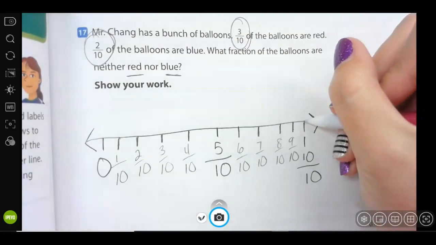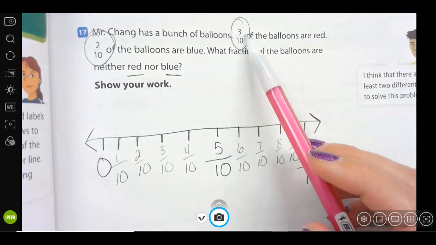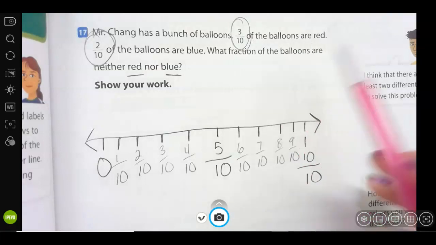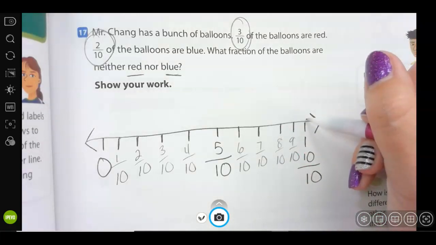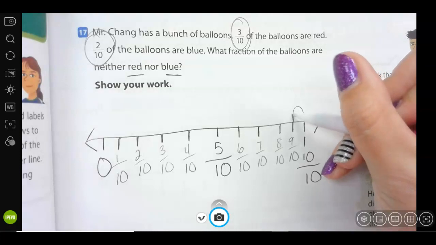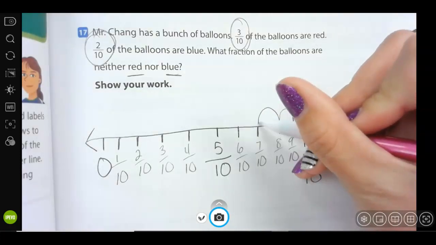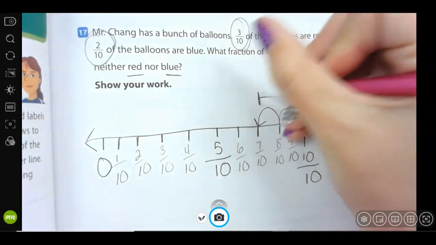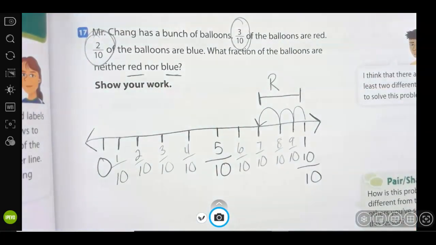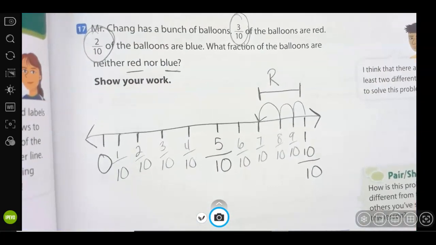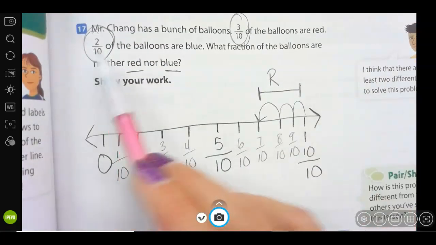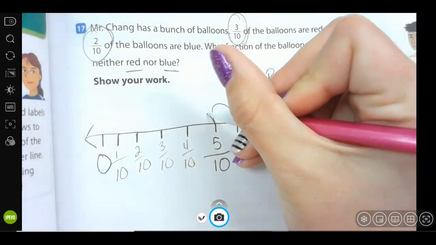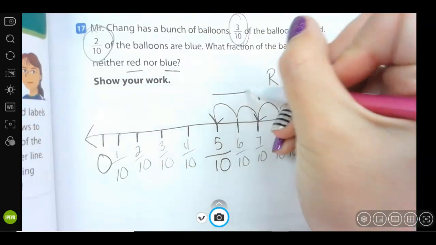So we're going to start at 10/10. And how many humps or arrows back would I show for the 3/10 that are red? 3. So 1, 2, 3. This section is red. Now I'm going to do 2 more back to show the balloons that are blue.